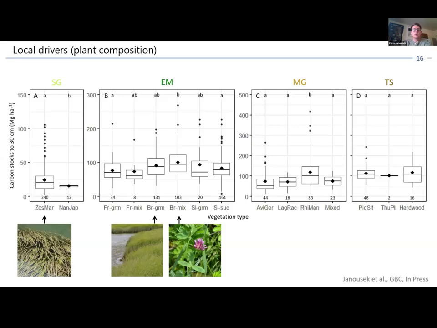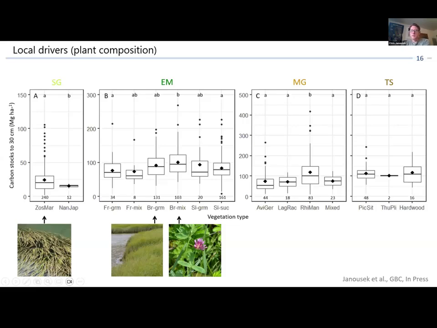The middle two show brackish communities. And the two at the right show saline, typically communities in California and Mexico that are succulent dominated. There is a lot of variability in the data here, but one result that popped out is that the brackish wetlands may be holding a little bit more carbon than either their tidal freshwater or more saline counterparts.